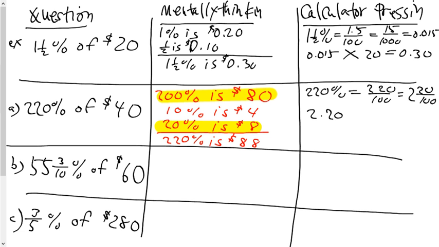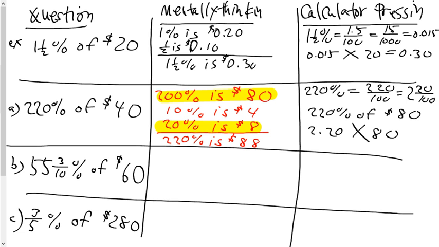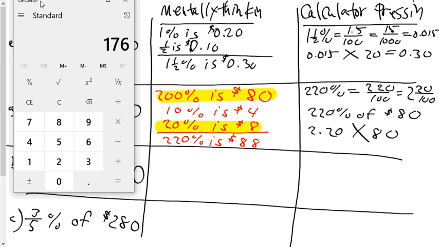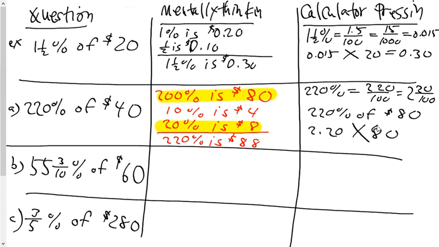So 220% of $80 would be 2.20 of $80, and if I use the calculator, hopefully it becomes 88 bucks. Oh, I made a mistake. Did I press the wrong buttons? Let's try that again. So it's 220% of $40, not $80, which is 88. There you go. It's supposed to be $40 here.